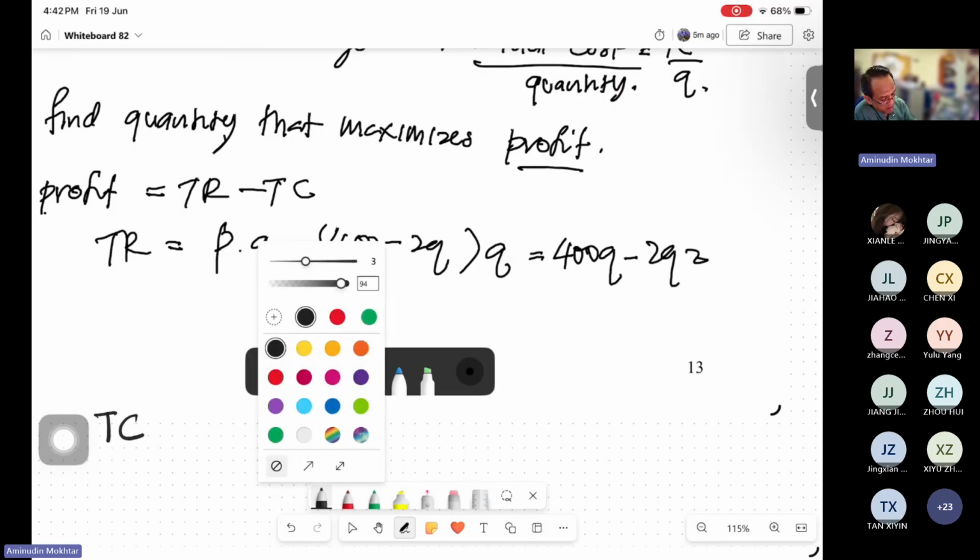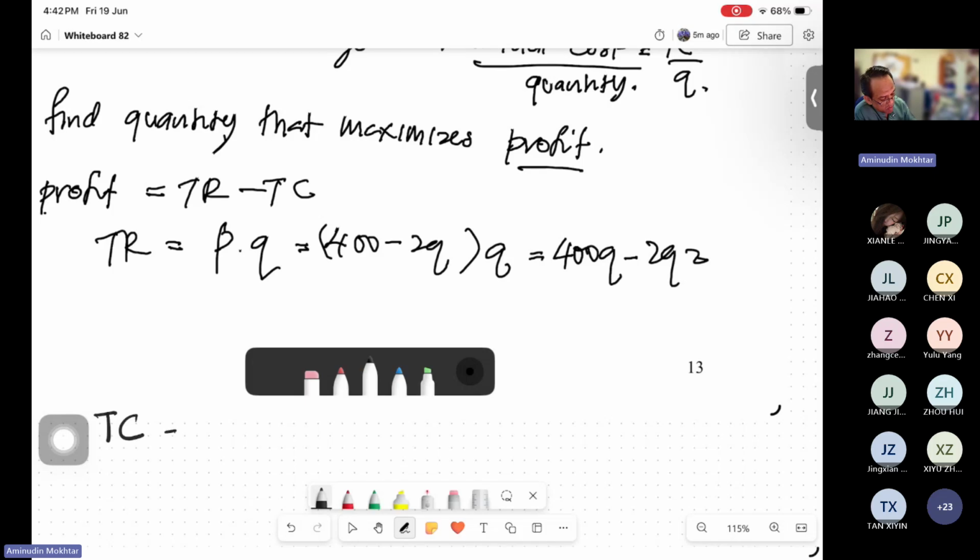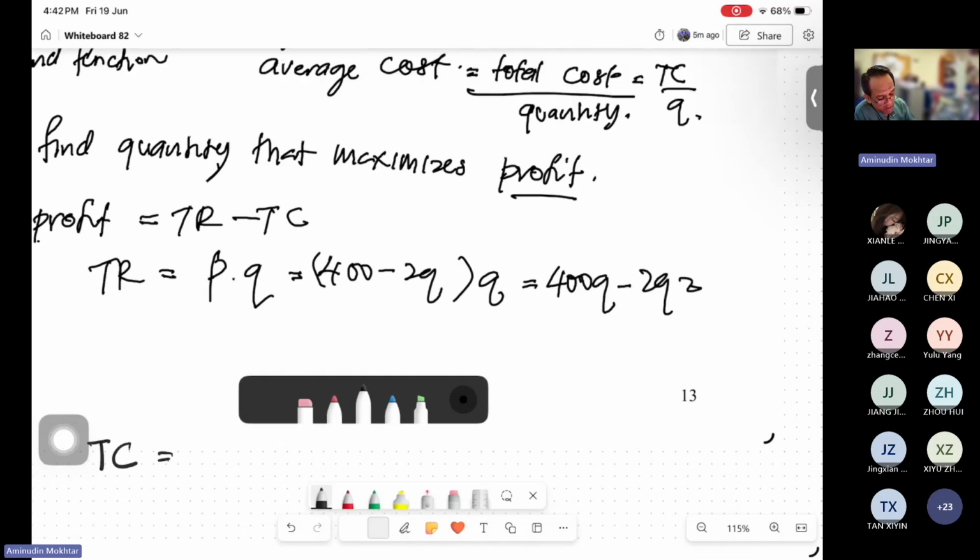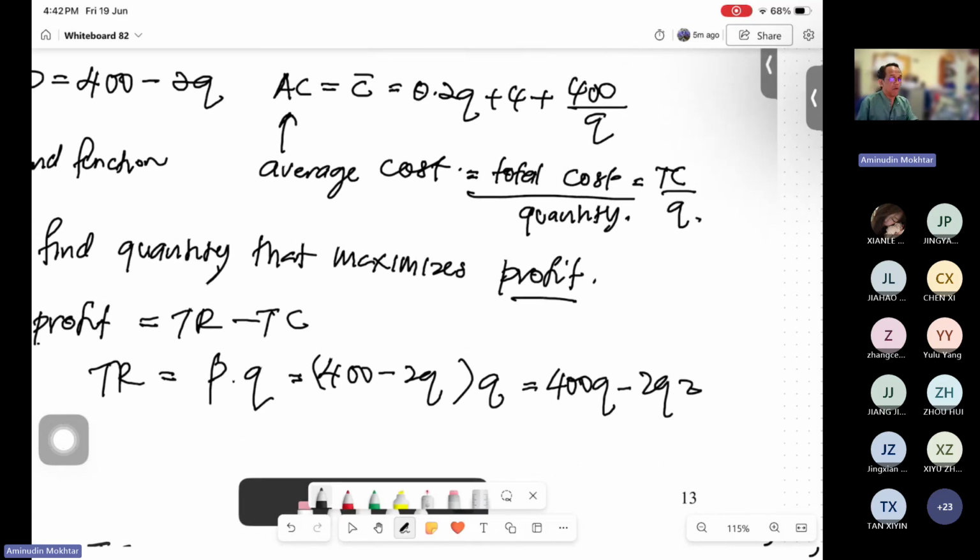We need to find the TC. TC is not given in the question, but AC is given.